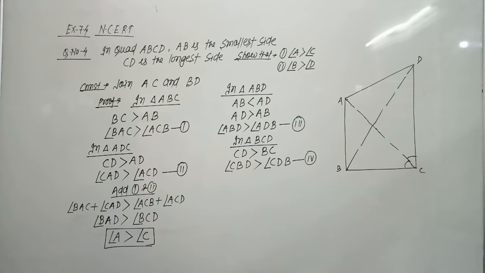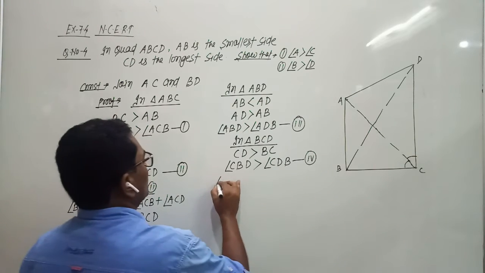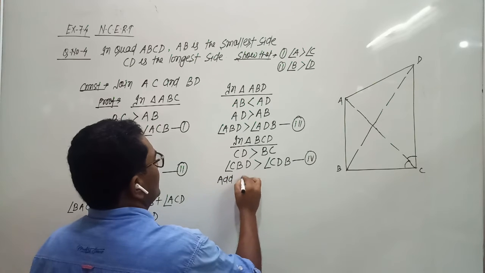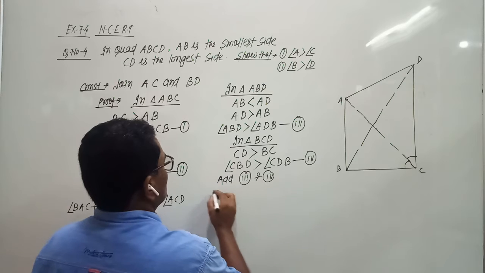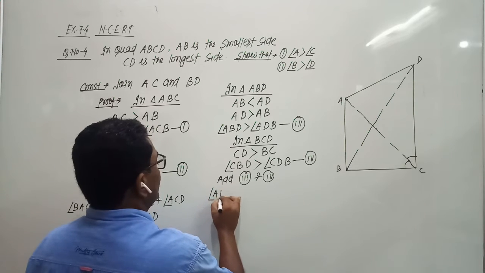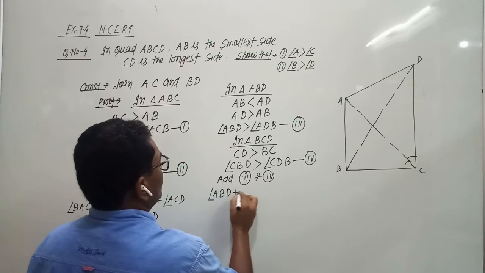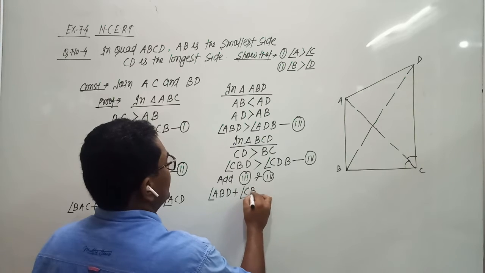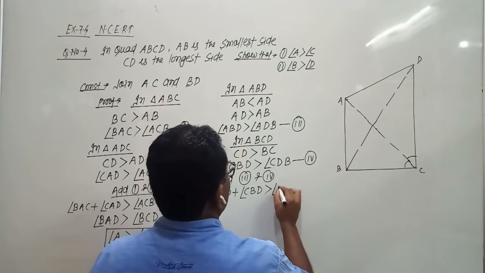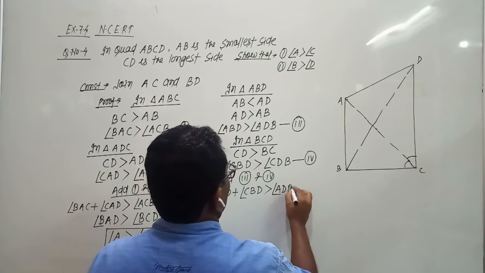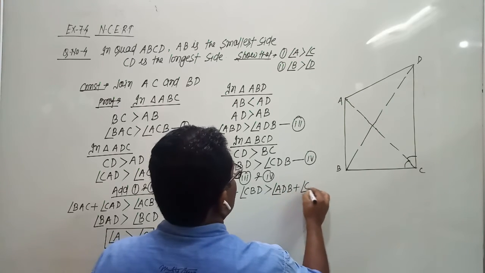Now adding equations 3 and 4. So angle ABD plus angle CBD is greater than angle ADB plus angle CDB.